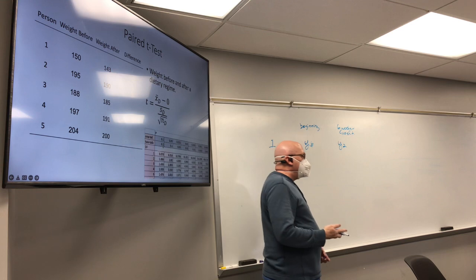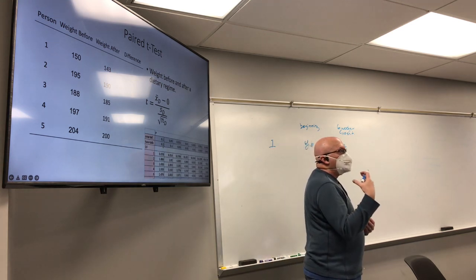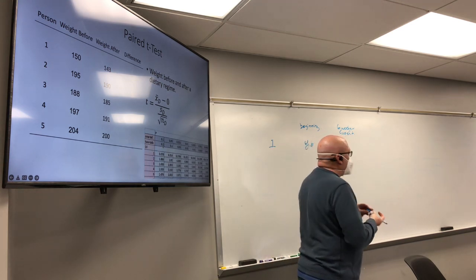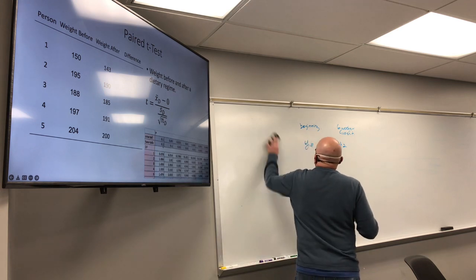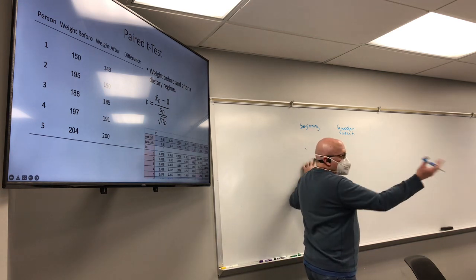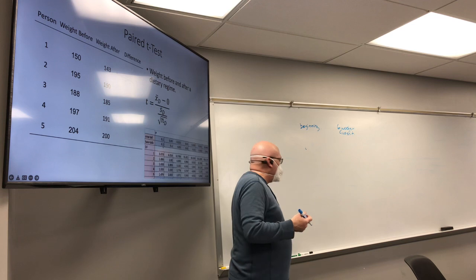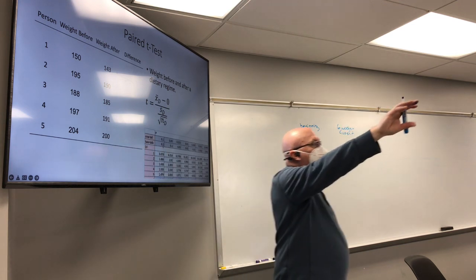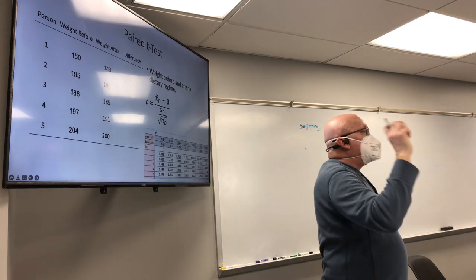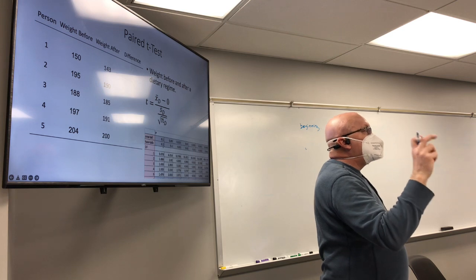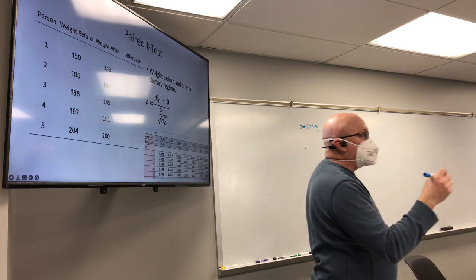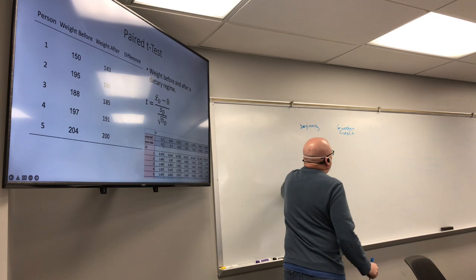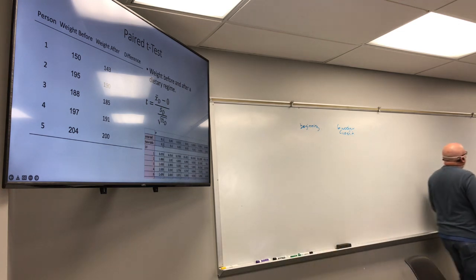And so what we do is we explicitly recognize that in the calculation of a t-test. And this gets to your question about a one-sample t-test. This is essentially a one-sample t-test, but the sample data that you're looking at isn't the raw data, it's actually the differences. So what you do is you take the difference.